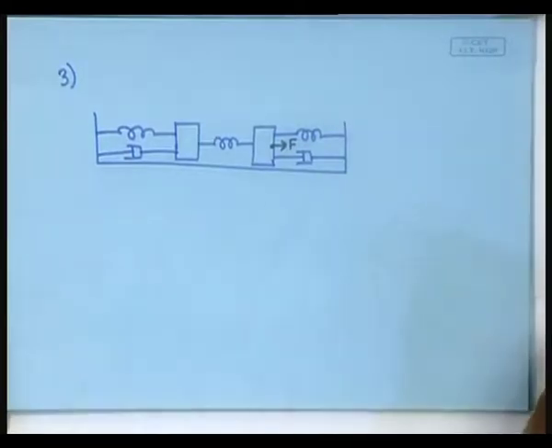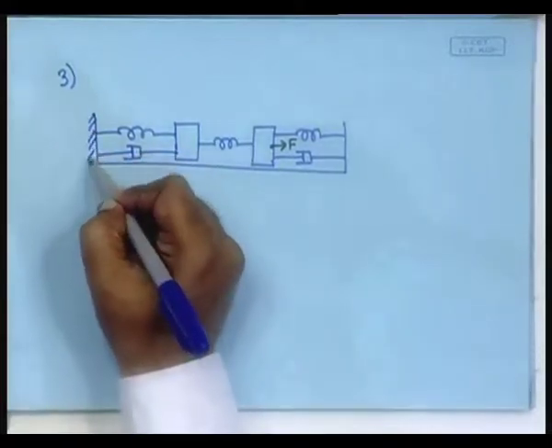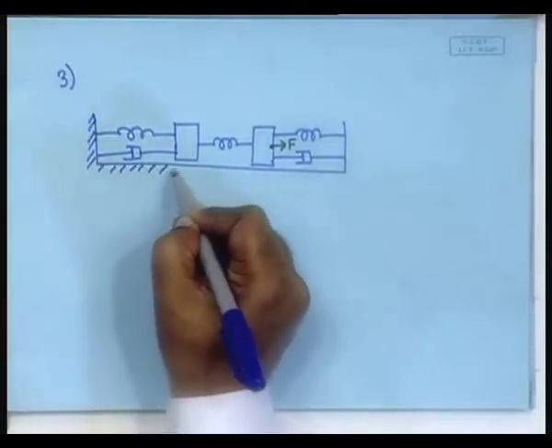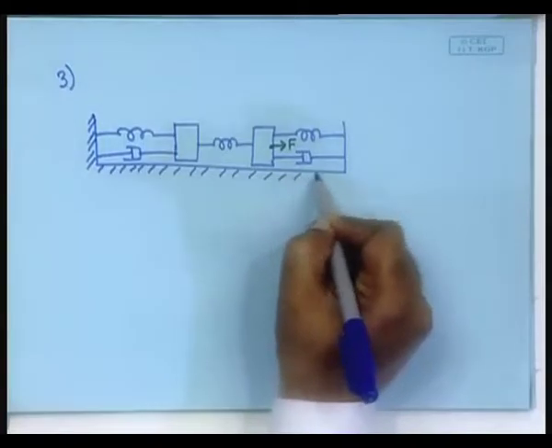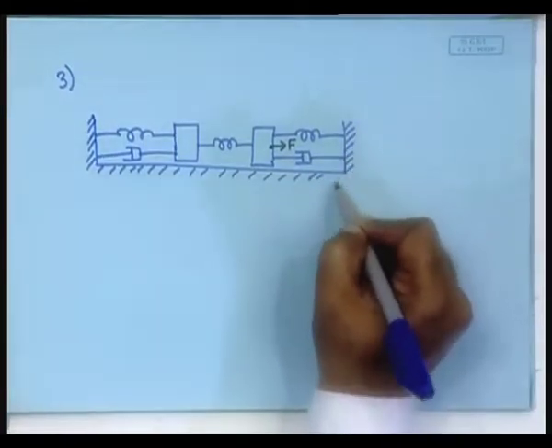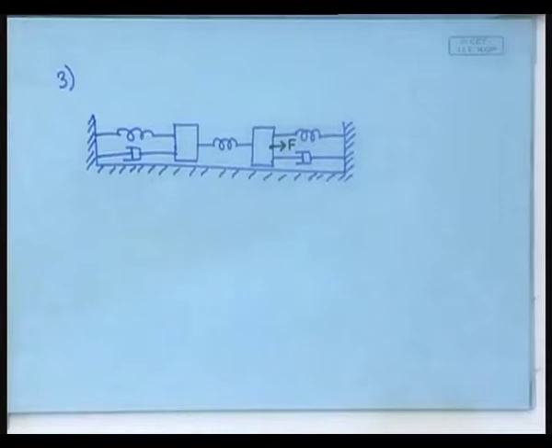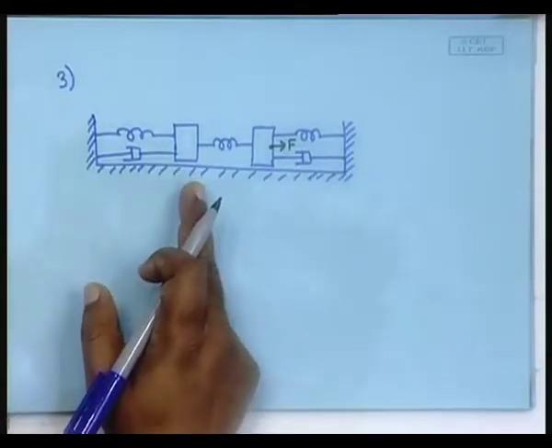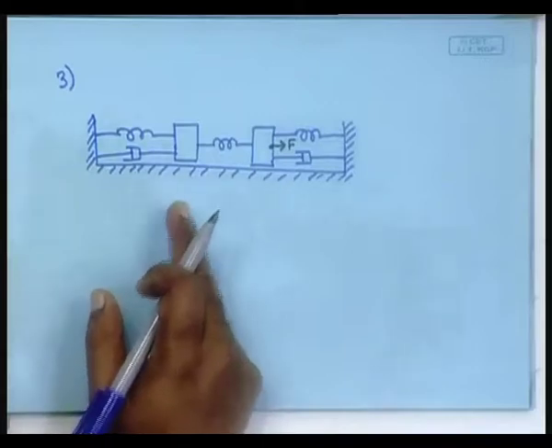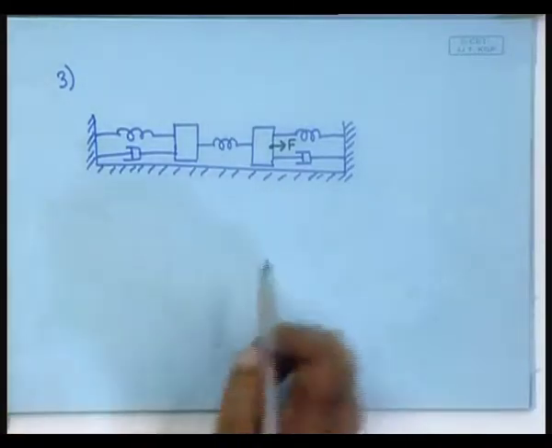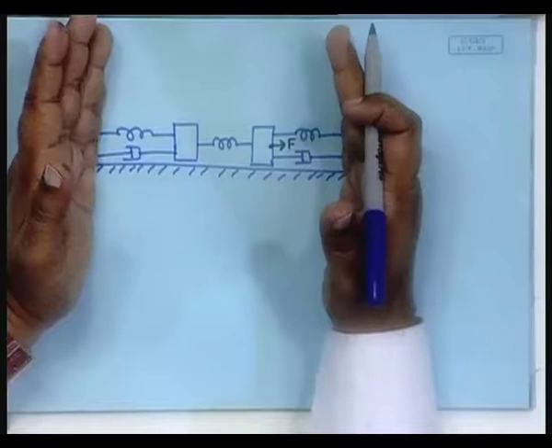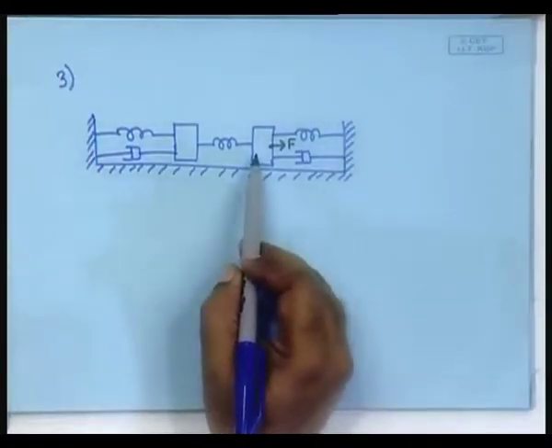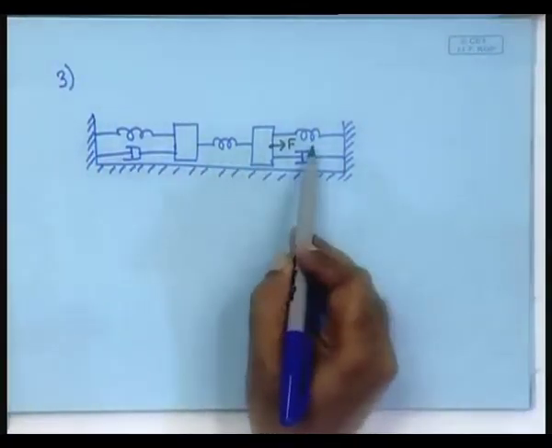In that case, how will you define the state variables? Again, there are two masses, their positions uniquely define the system's positional status. Then how will you conveniently define that? May not be possible, right. In this case that may not be possible. In the earlier case it was possible, but here since these are two rigid walls, it may not be possible to bring these springs to unstretched position.